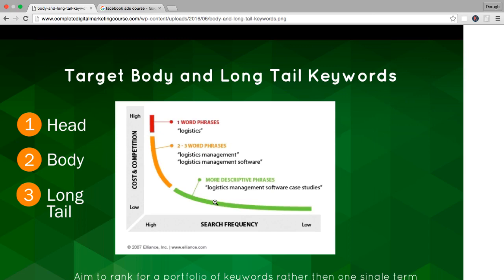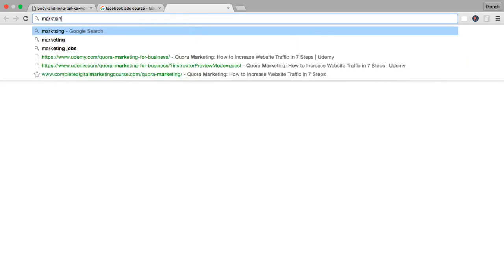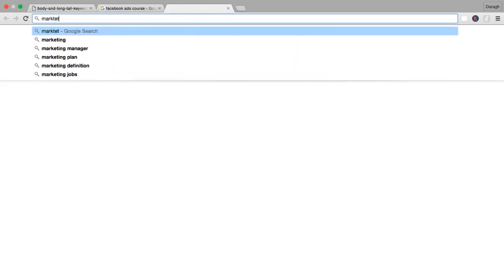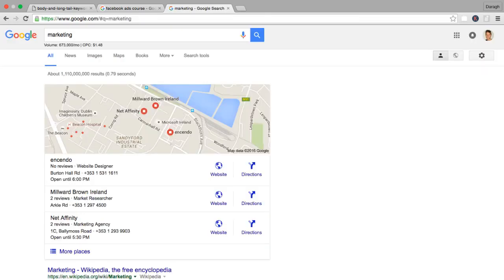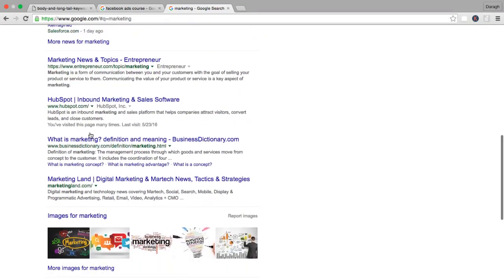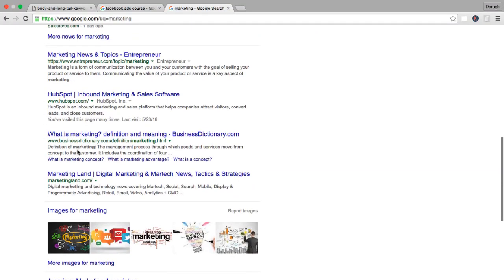So in terms of what you want to be thinking about that you can rank for, I'm never going to get to the top of the search results for something like marketing. It'd just be a waste of time for me to even try that. You can see that at the start here, there are huge companies already ranking there.